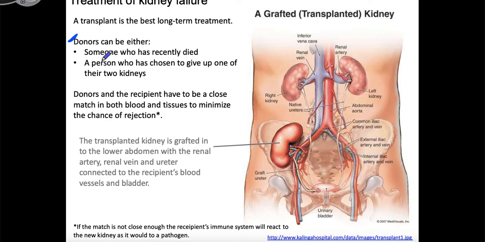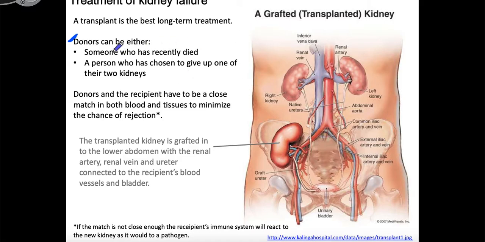And this can be someone who recently died, although it's recommended because of the viability of the kidney, and what data has shown, that it's better to get a living donor, right, that there's a better success rate from a kidney of a living person.